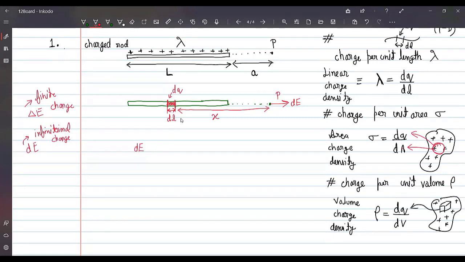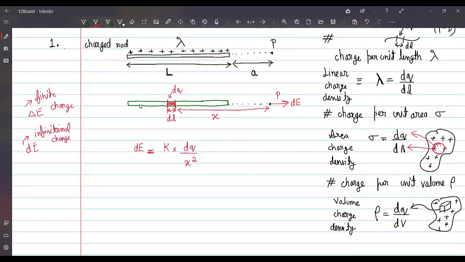dE is just the electric field due to this thing. So it will be K, where K is 1 by 4 pi epsilon naught. No issues with that. So K times the charge, value of charge is dQ, whole divided by x square. This was the electric field due to this small length. If I take my charge dQ here, that charge will also give electric field in the rightward direction only.